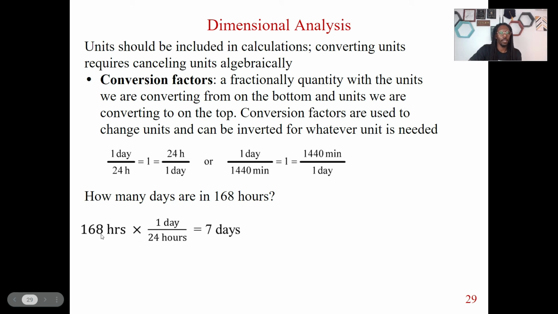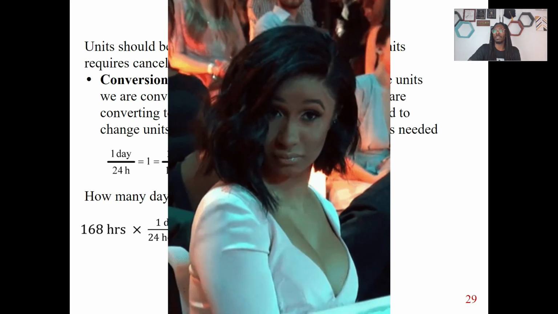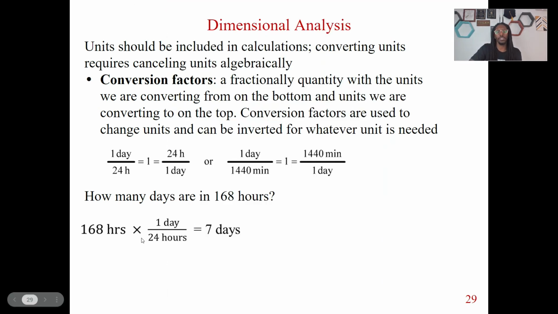So now I got 168 hours times 1 over 24. If we understand this right, we're going to need to divide 168 divided by 24. And this is how we get our number of 7, because 168 divided by 24 is 7.